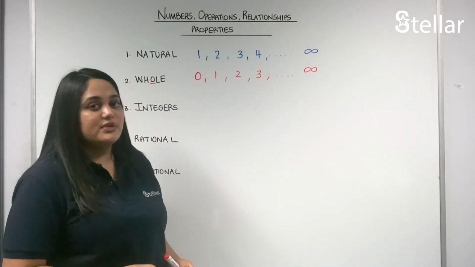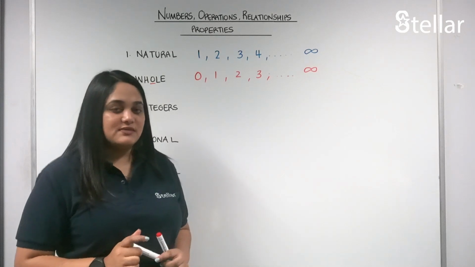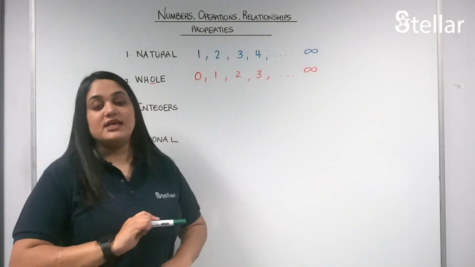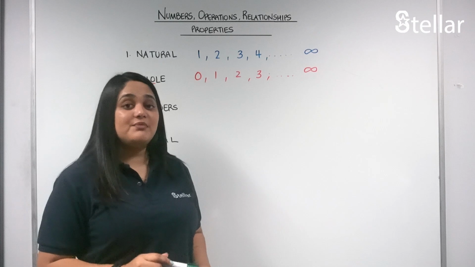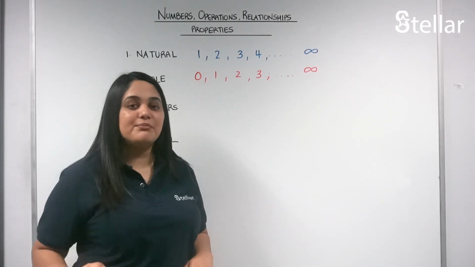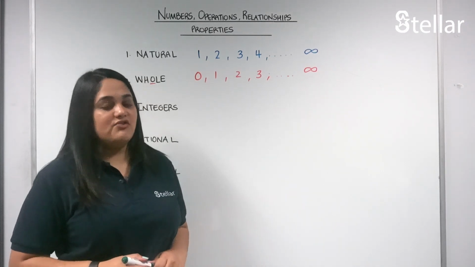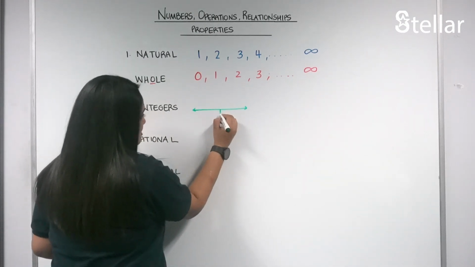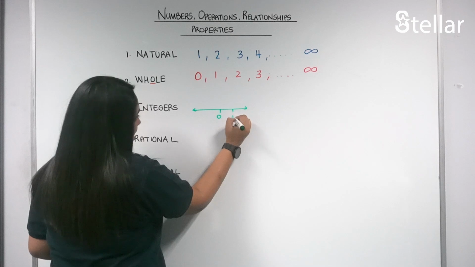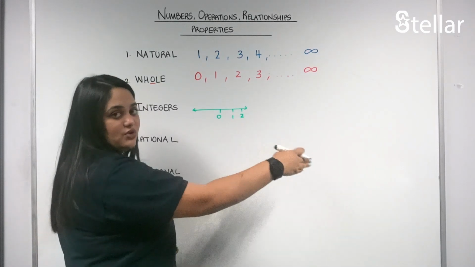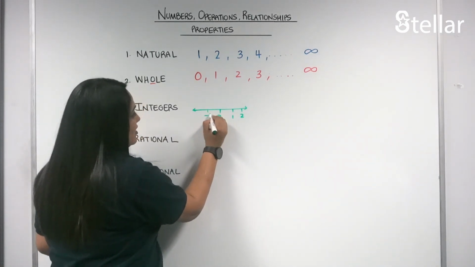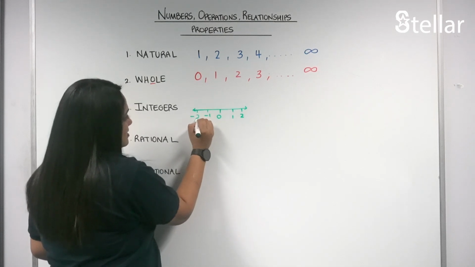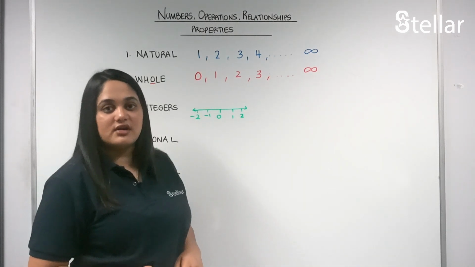The next examples are integers. Now, integers is any number that can be represented on a number line. So if you look at a number line, you have 0, you have 1, 2, and so on, but you'll also have -1, -2, and so on.